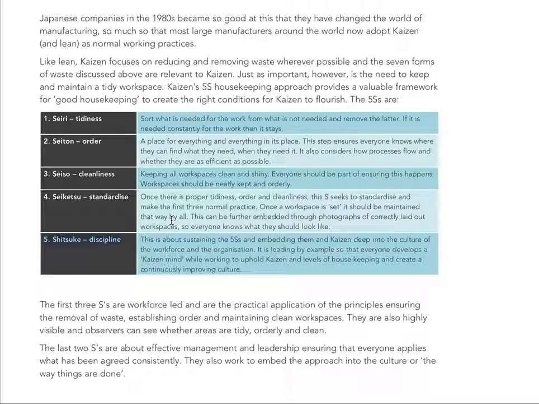And sustaining the 5 S's: how to embed this into the culture of the organization. You can use this, though you might not want to, to be honest. It's a good one if you're looking at the workspace and how people work. Does the flow of work in the organization work well? Does it not work well? Do you need to look at it? This is a great tool which will help you to analyze that.